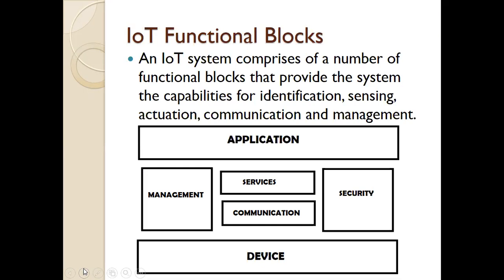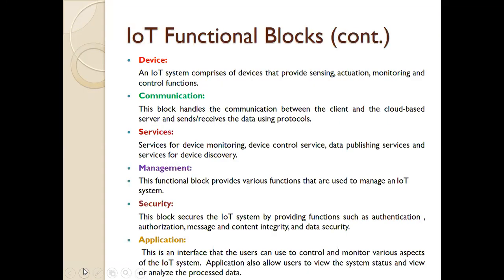And the third one is the application layer. An IoT system consists of different types of devices like sensing devices, sensors, actuating devices, actuators, and monitoring and control functions. The device is the first functional layer.